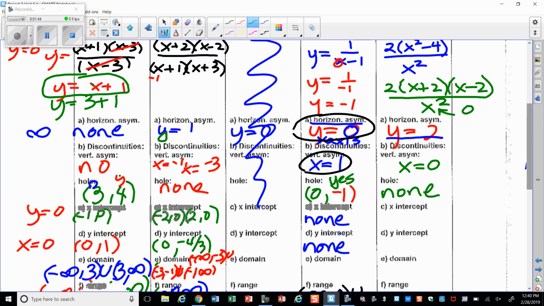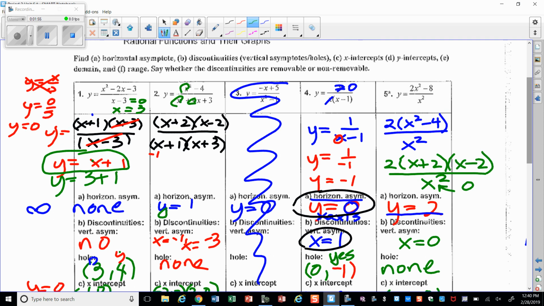And the x-intercept is where y equals 0. To get my function to be equal to 0, I need a numerator that is 0. It's okay to have a 0 in your numerator.